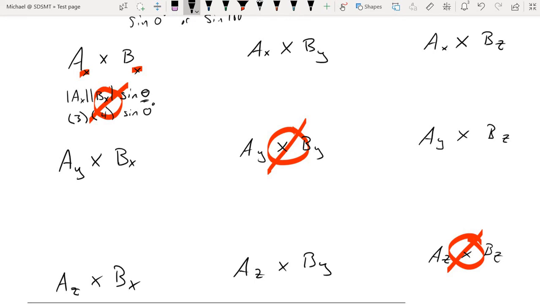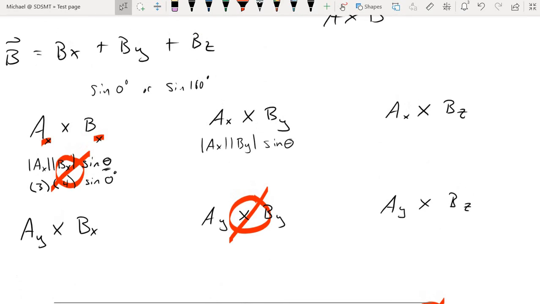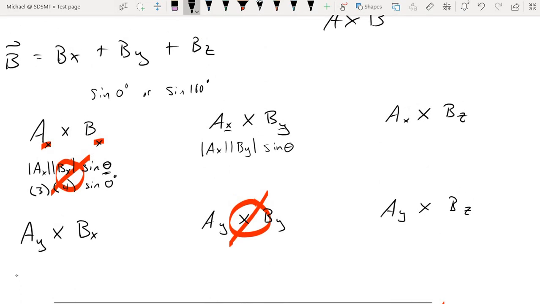So we'll move over to the AX cross BY combo. We need the magnitude of each times the sine of the angle between them. Well, these are X and Y components, so automatically I know the angle between them has to be 90 degrees. Sine of 90 degrees is 1.